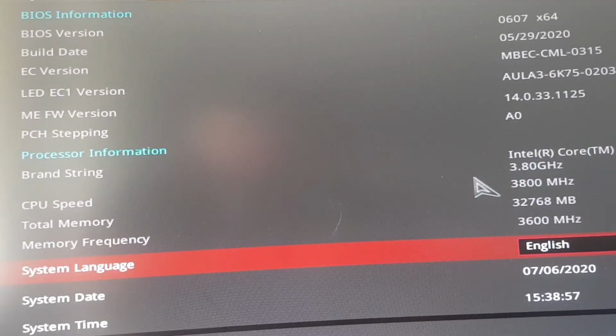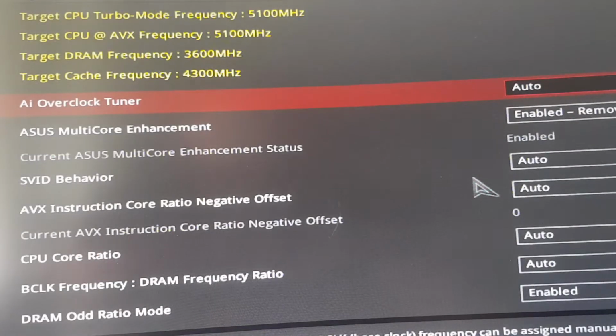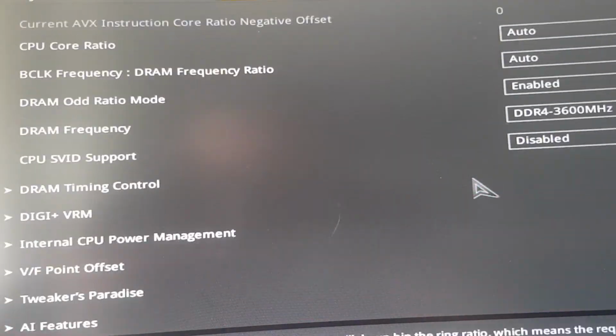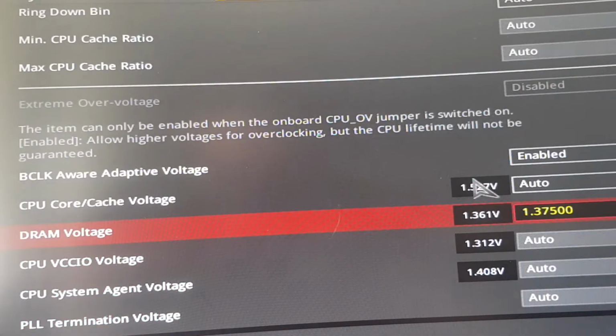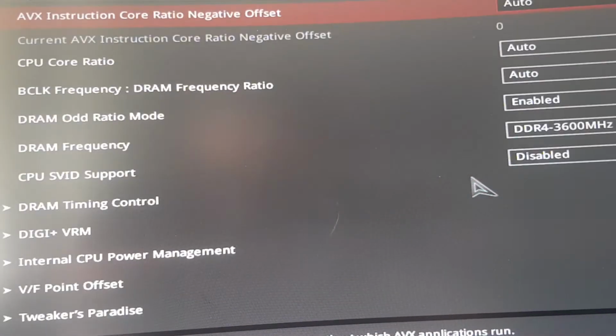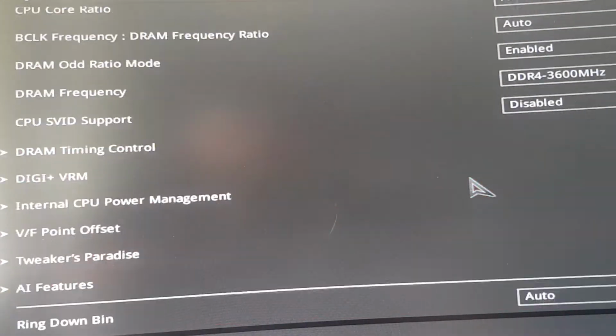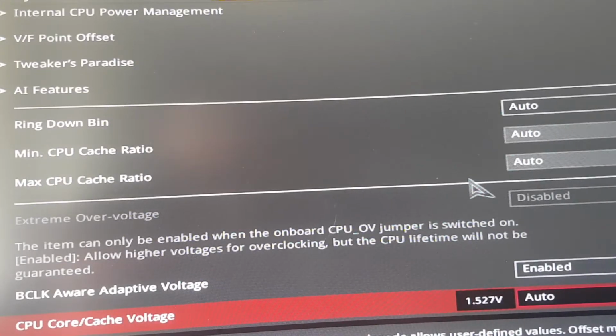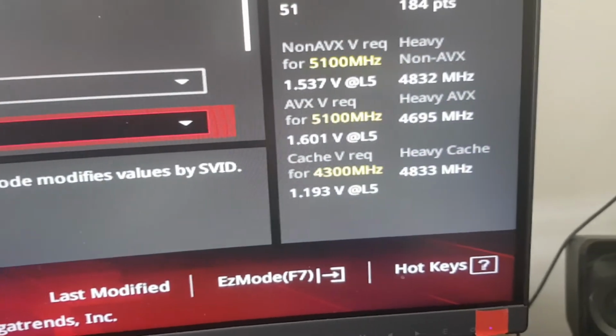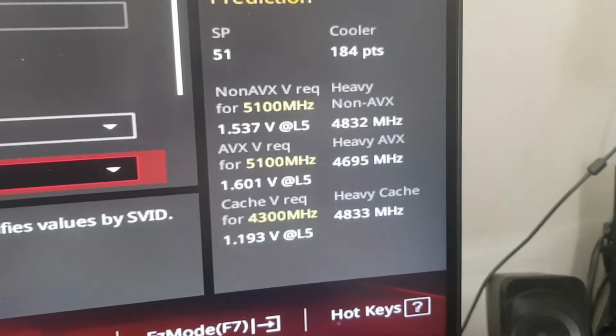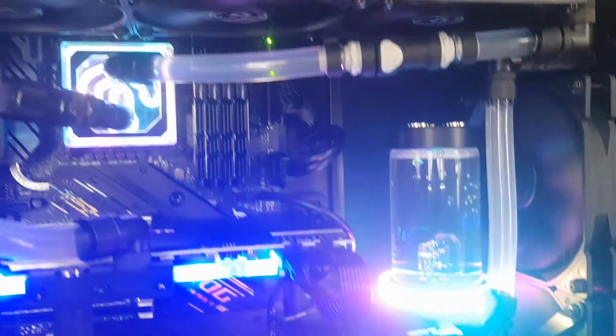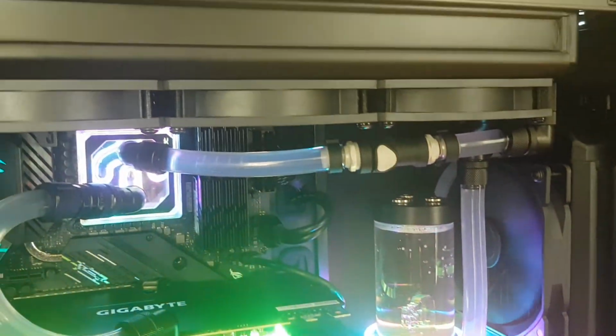This is the newest BIOS for this motherboard, Gaming F, and everything here is on auto. The problem is, despite of course this voltage and this DRAM frequency, if you look at the prediction, it is 5.1, and my cooling is 184 points because here we have two HW Labs radiators, 360 and 280.